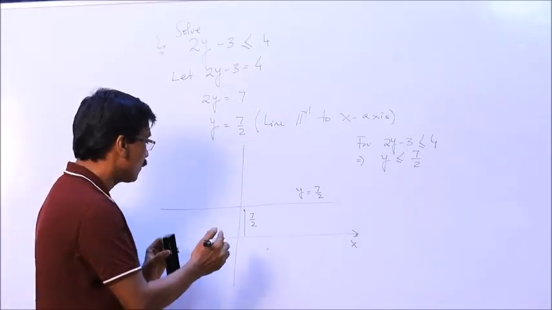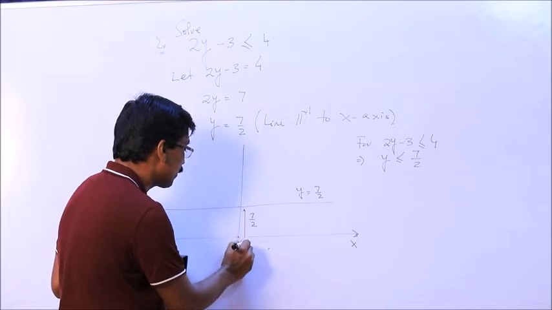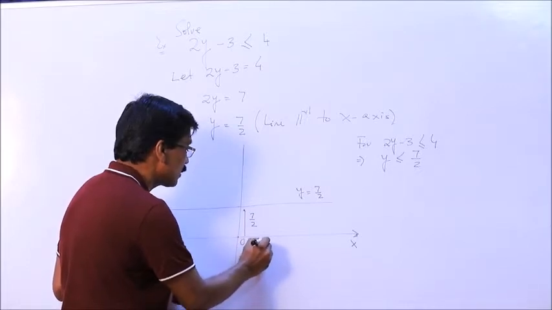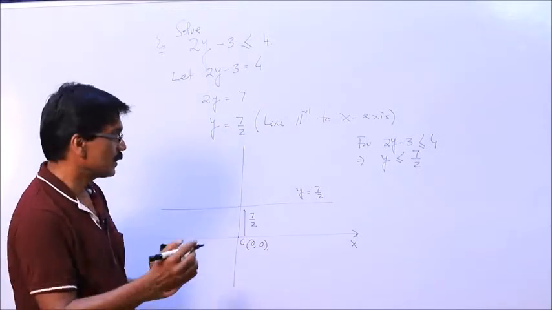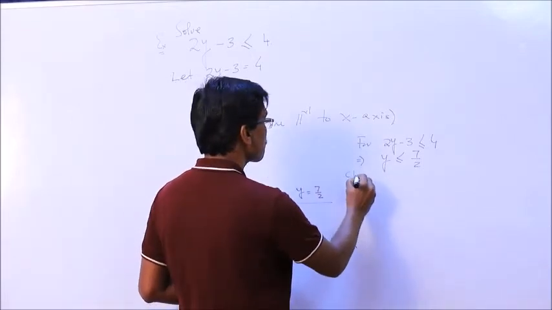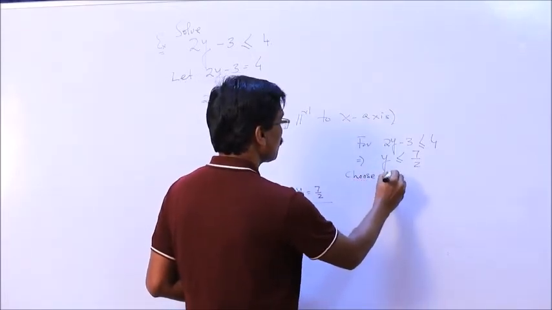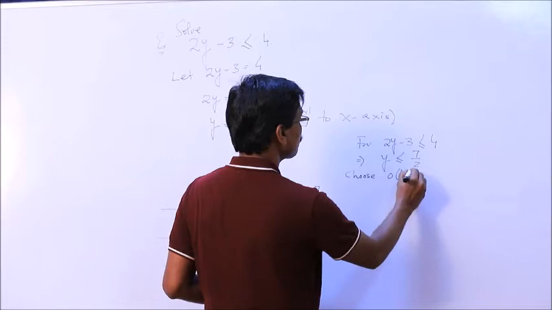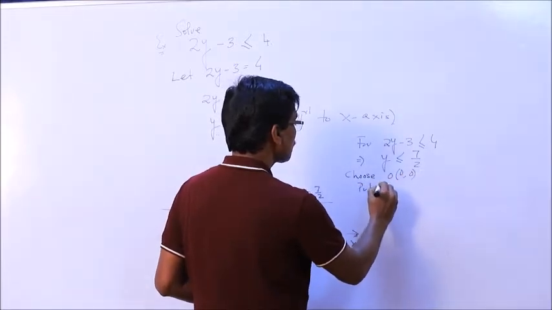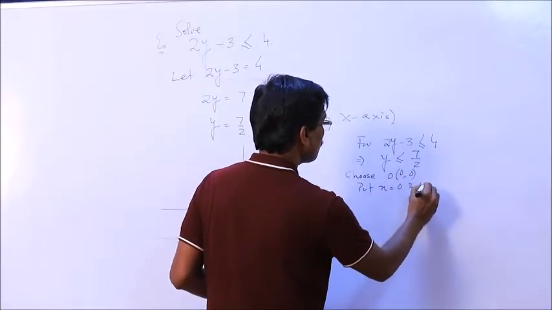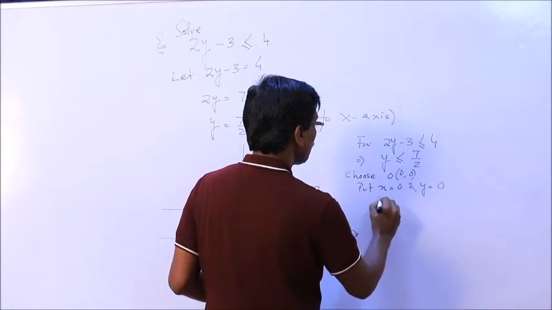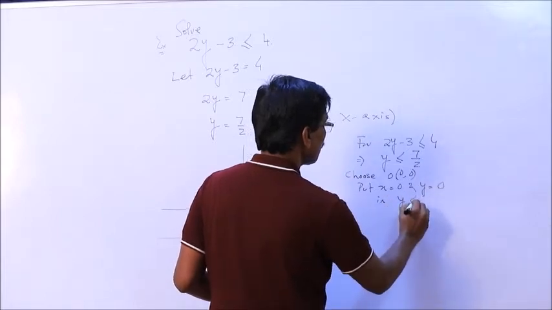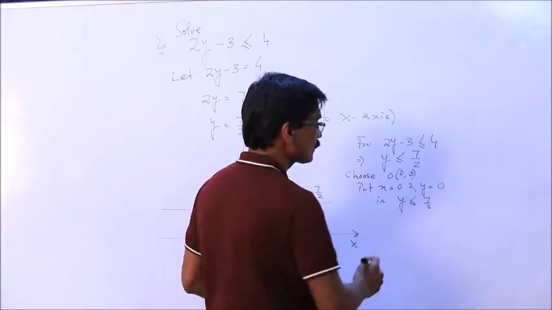Obviously the origin is not on the line, so we can take the origin, that is (0, 0), and put x is equal to 0 and y is equal to 0 in y less than or equal to 7 by 2.